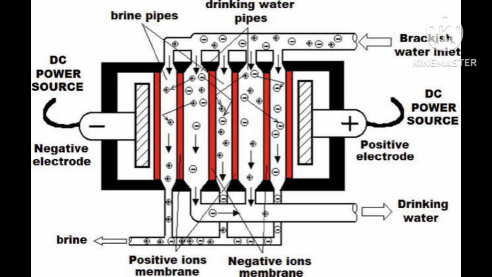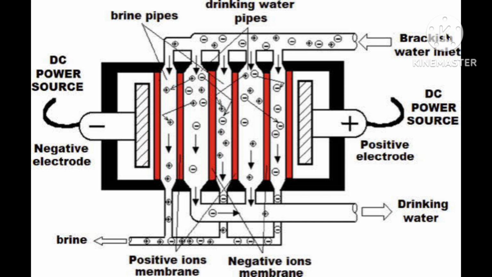Now two membranes are fitted, the anion and the cation ion selective membrane. Near this chamber, the anode will be fitted, A for anode, A for anion, and near the cation membrane, the cathode.